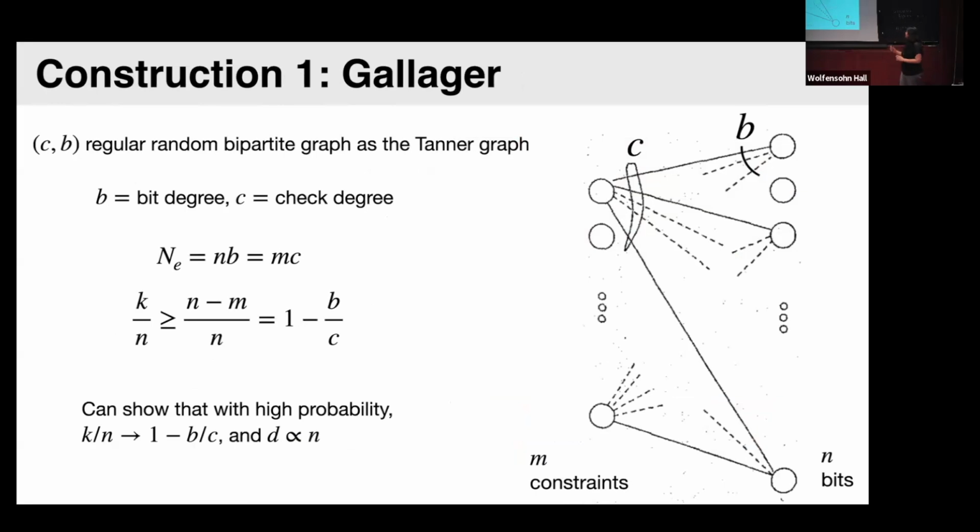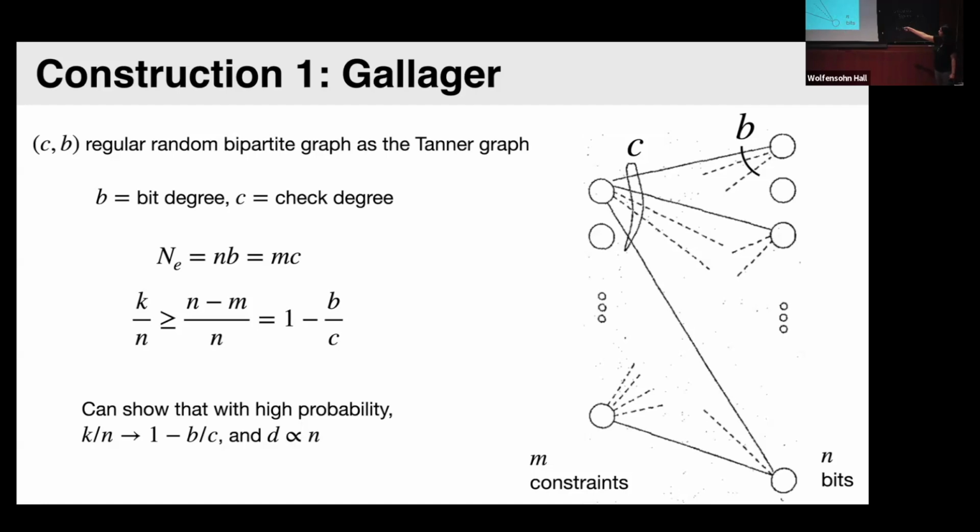This construction builds a regular random bipartite graph and treats it as the Tanner graph. So what have I drawn here? There are some number of nodes here, which are my constraint nodes, and then some number of nodes here, which represent my bits.